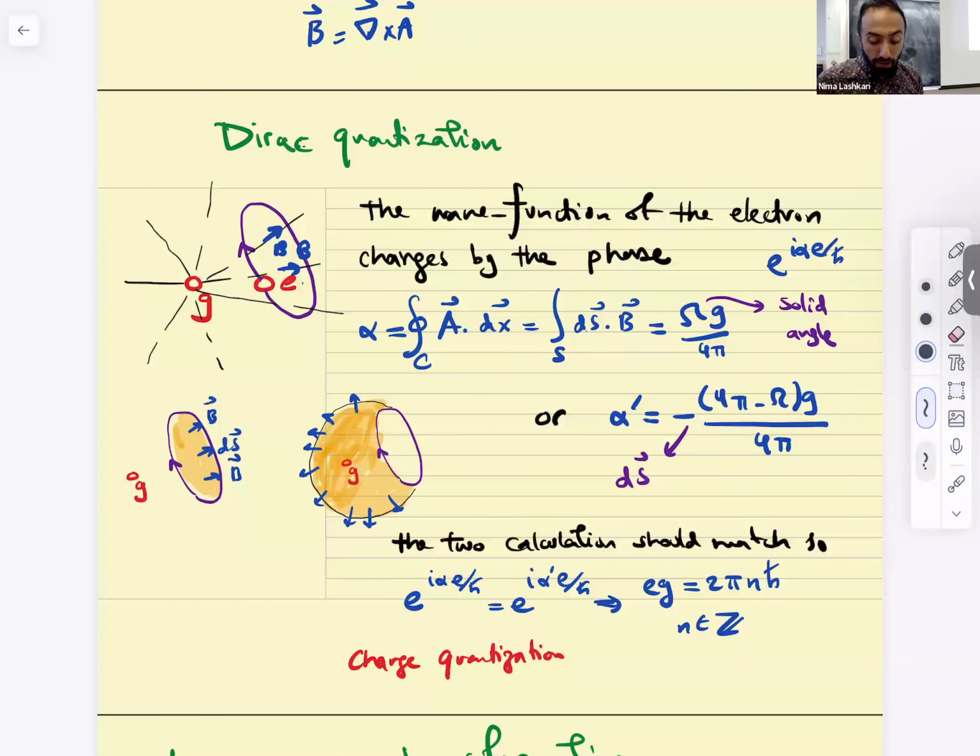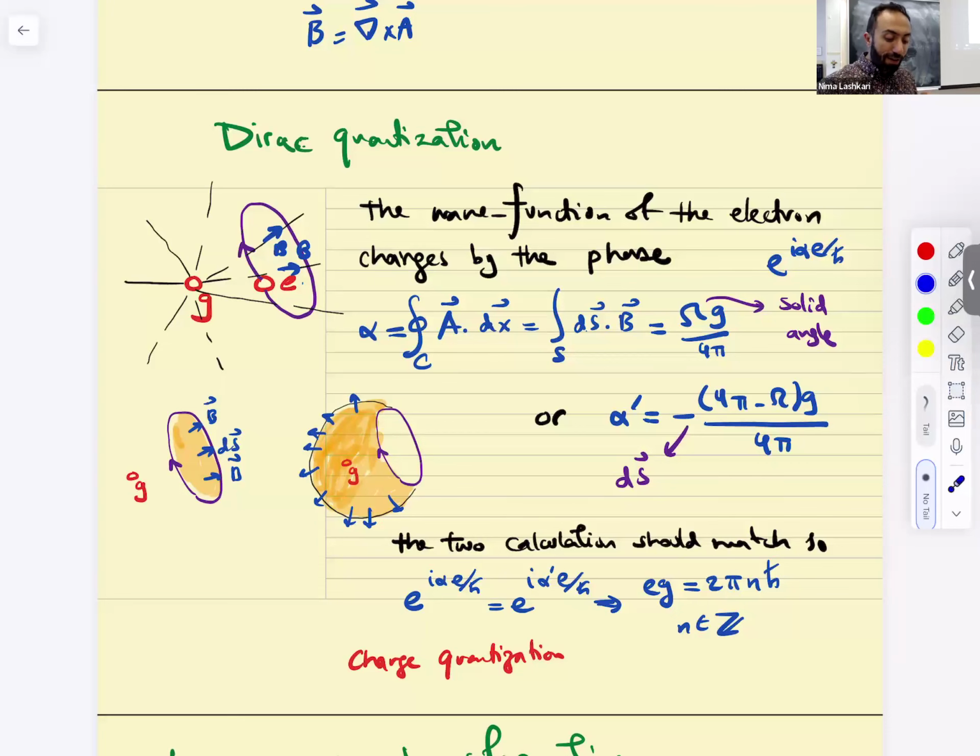All right, so now this integral is going to be equal to the amount of flux that goes through this, right? The amount of flux is related to solid angle times g over 4 pi, because this is radial going up.